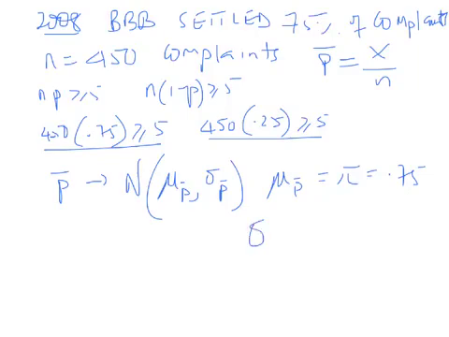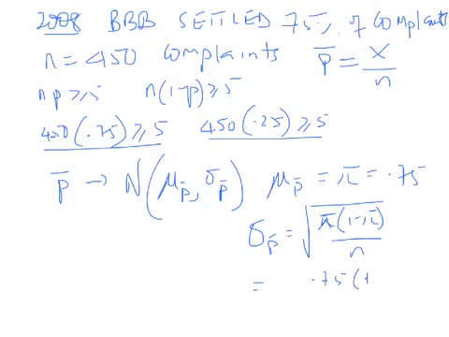The standard error of the sample proportion we know is given by the square root of pi times 1 minus pi over n. In this case, that would be 0.75 times 1 minus 0.75, or 0.25, over 450, and we would have to take the square root of all of that.